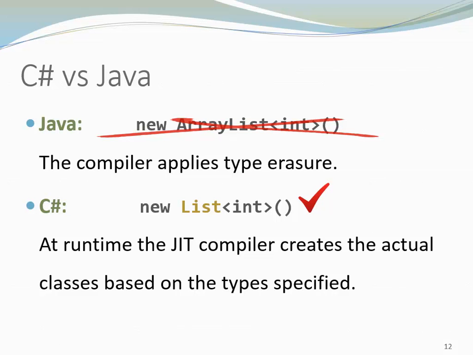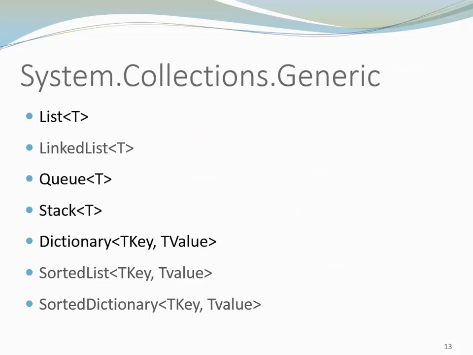Now that we had a moment to compare generics in C# with Java, let's have a look at a small selection of classes in namespace System.Collections.Generic. We have two lists. The LinkedList is doubly linked. There are classes to represent a queue and a stack, and at the bottom we have three classes that represent a dictionary.